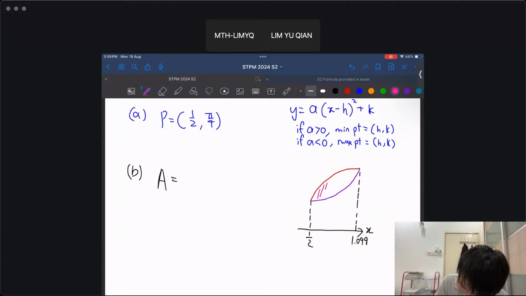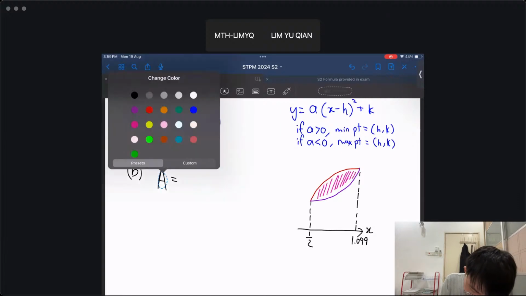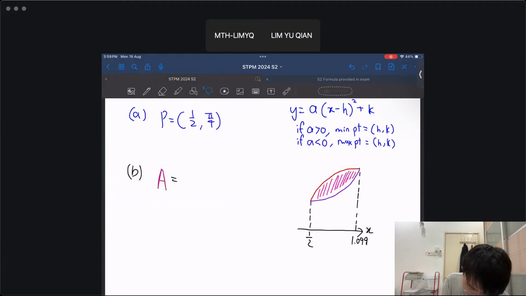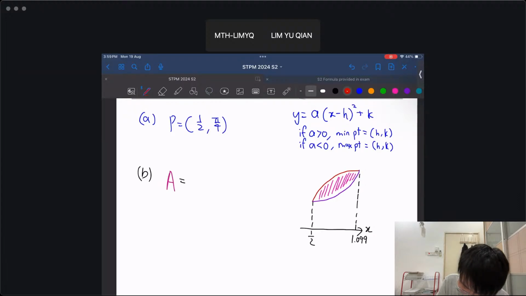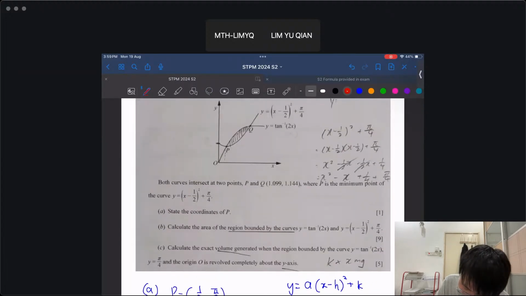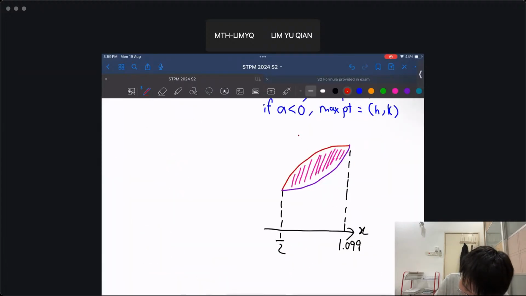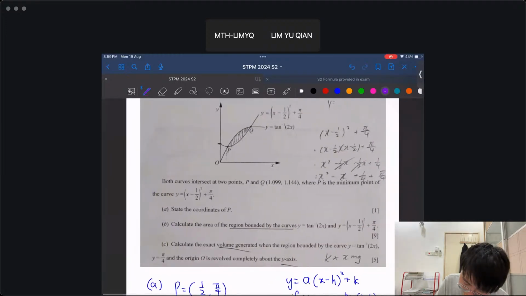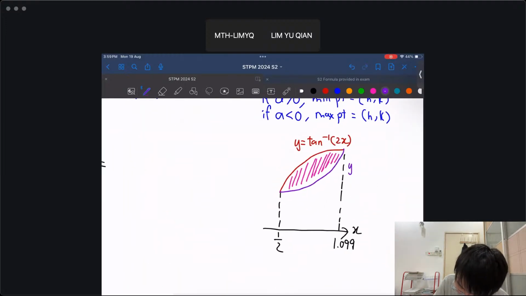So if you want to calculate the area of the region of this part, we use the upper minus the lower. The upper is y equals arctangent of 2x. The lower curve is this one, y equals, okay, this one I think we can simplify first.